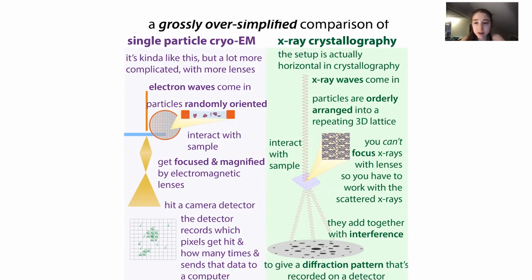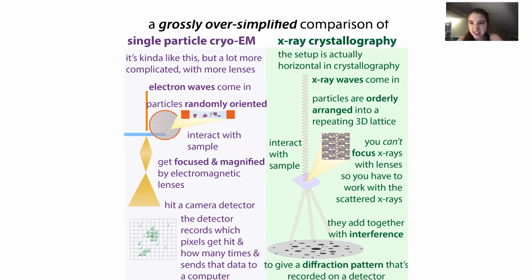I also just wanted to mention that it's harder to estimate a resolution for cryoEM, so cryogenic electron microscopy, where you're taking a bunch of pictures of these molecules in a really thin layer of vitreous ice.